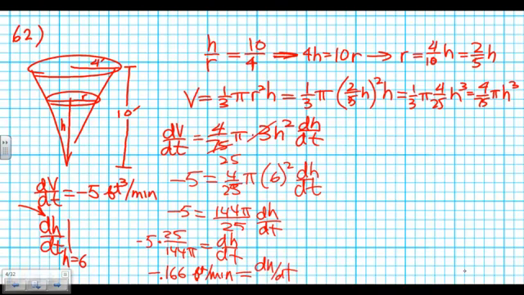And the question is, at what rate is the level dropping? So we present an answer of 0.166 feet per minute. It's dropping, so it is already negative. It's embedded in the language. All right. See you in 100 minutes.